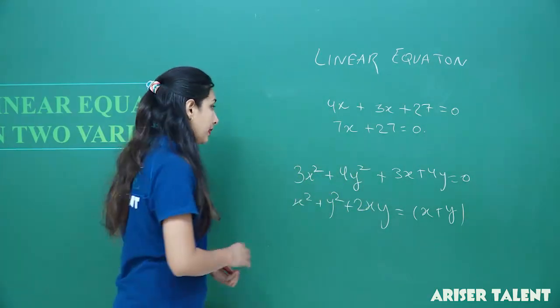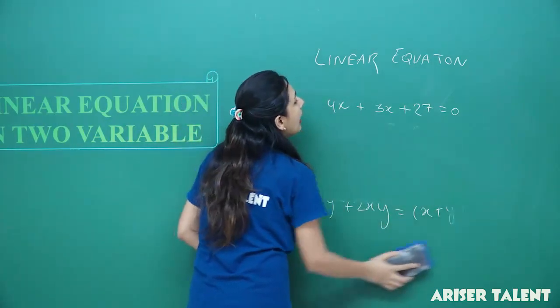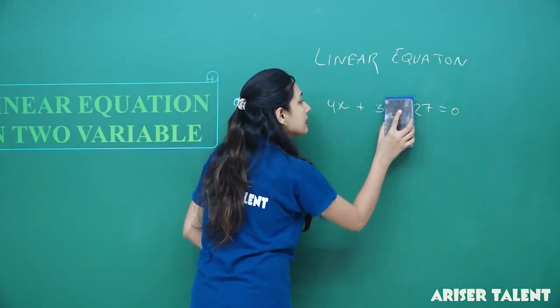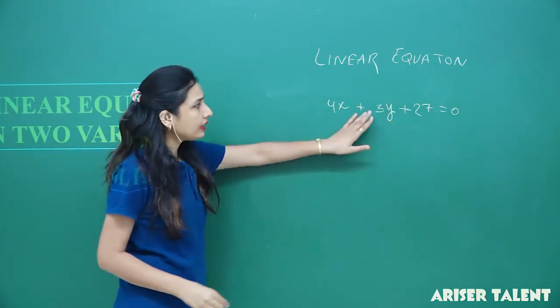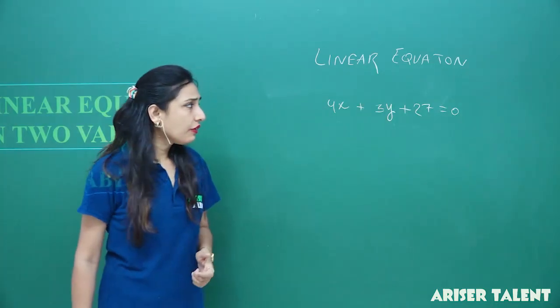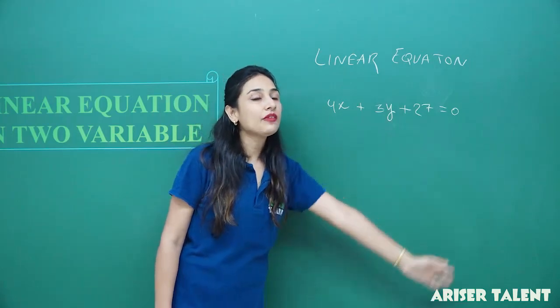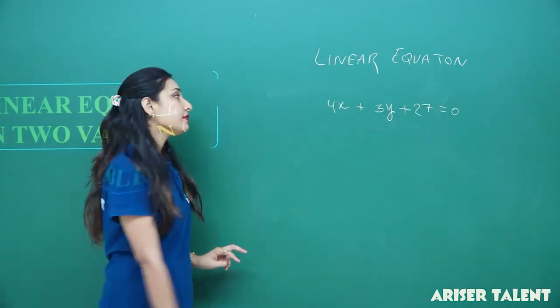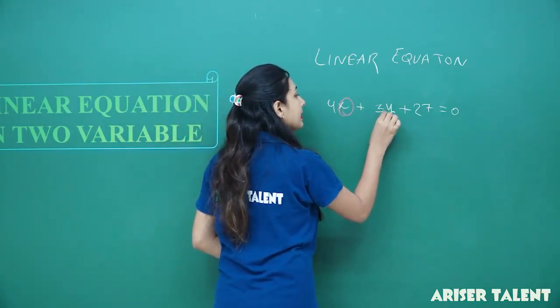So if I talk about this linear equation, and I am just putting this x equals to y like this, in particular I just remove that term 3x and put the term 3y in this. So it will become 4x plus 3y plus 27 equals to 0. Now the variables are 2. One is x and second is y.